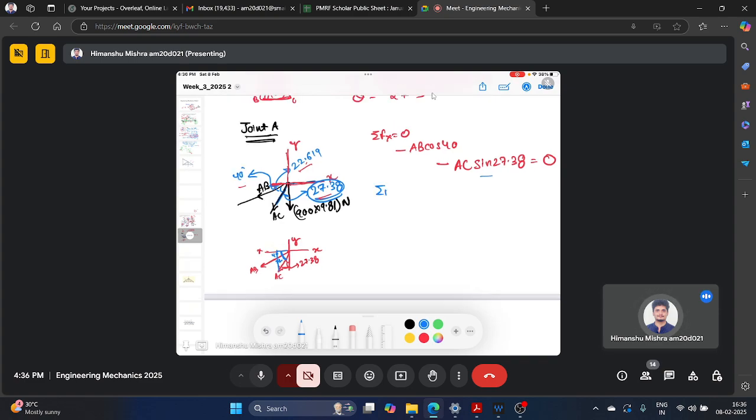So the other equation will be the summation of force in y direction.